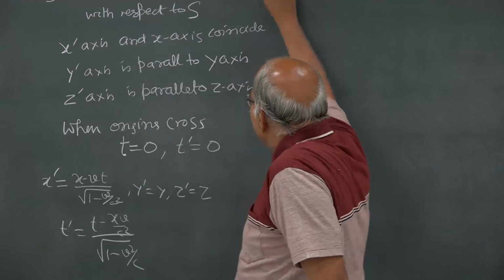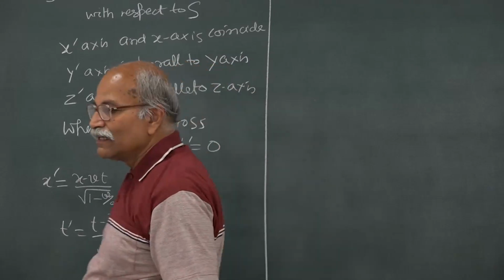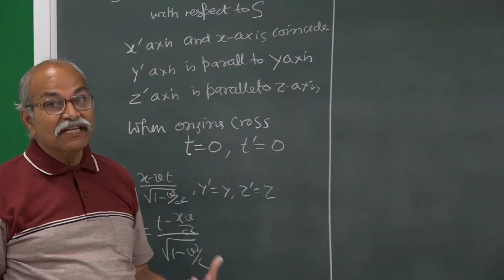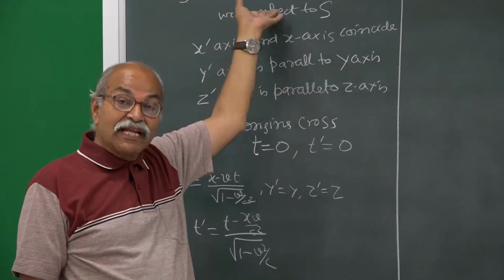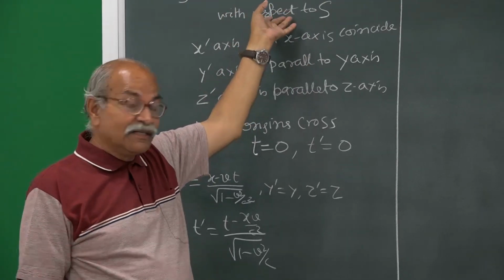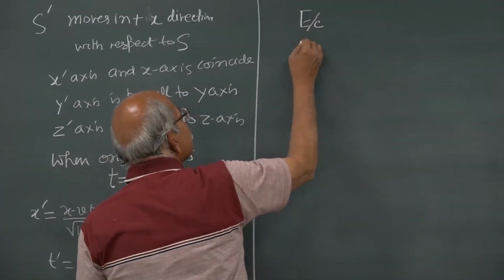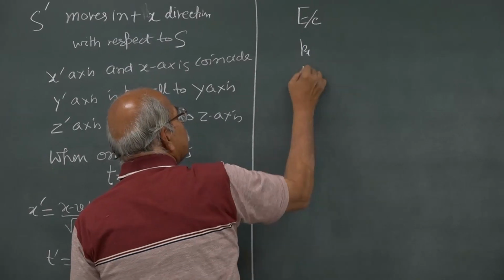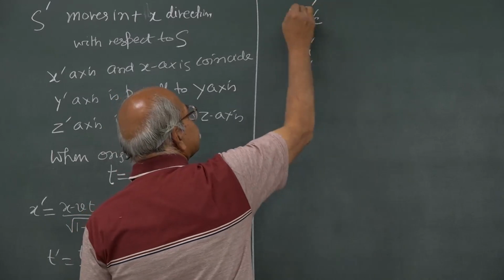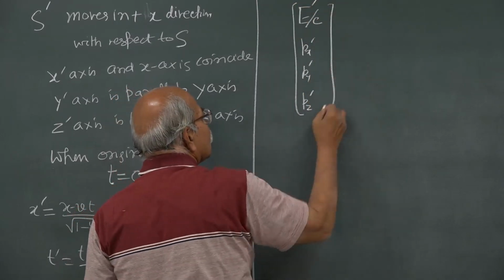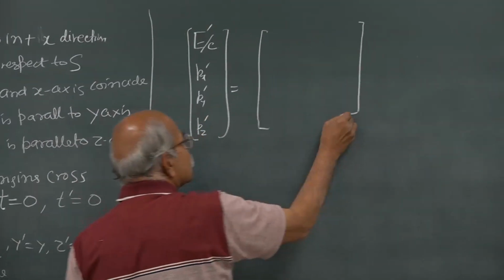But we can say some things about our components of a 4 vector, even if axis systems are different, even if S prime is not described through this prescription. If we have E by C, Px, Py, Pz in the primed frame, you will have a transformation matrix.